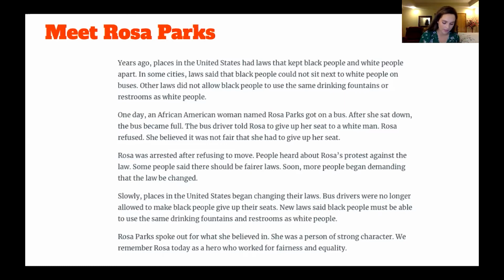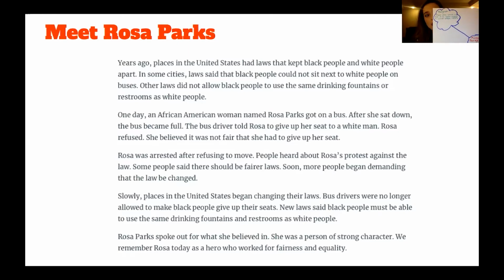So laws in the US, I'm going to abbreviate that, kept Black and white people apart. Awesome. So that is our main idea.